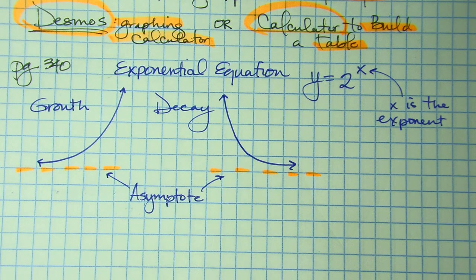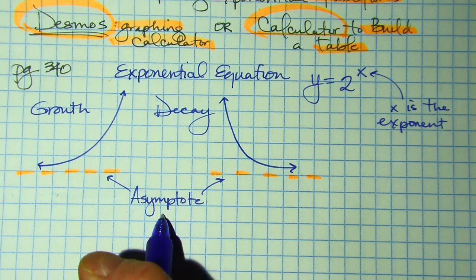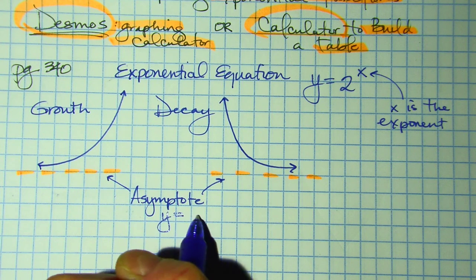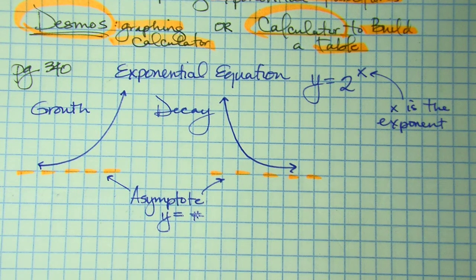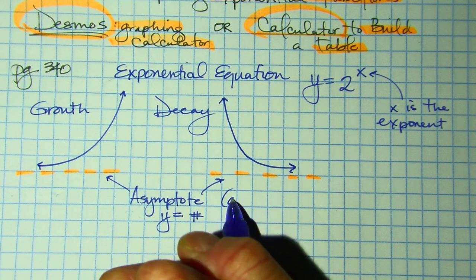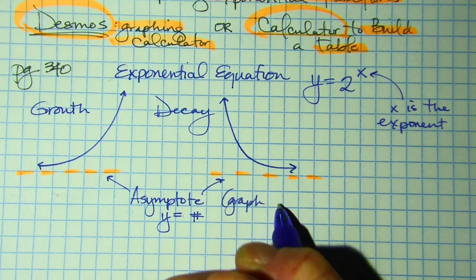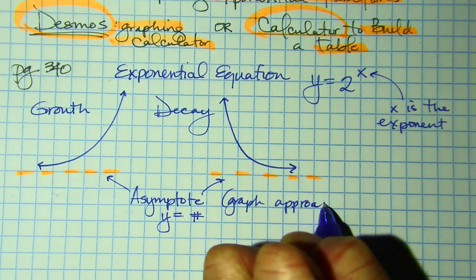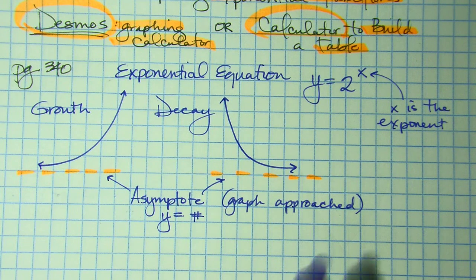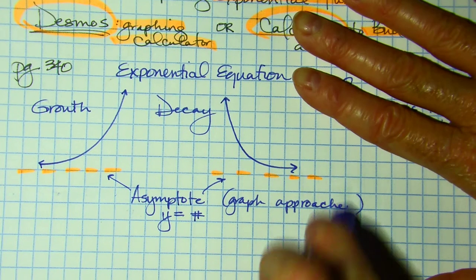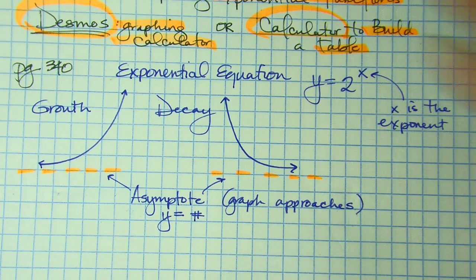Okay, and it is a value for y. And it can be, most times y equals 0, y equals 2, but it is a value that your graph approaches. It doesn't actually touch the line, and it doesn't actually equal the line. It just gets closer and closer to it.